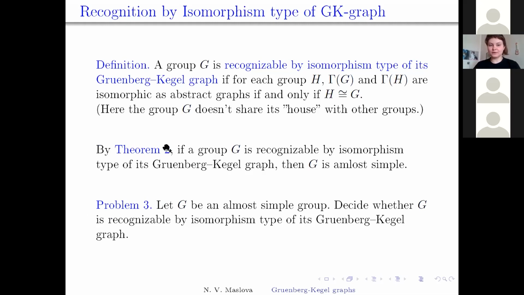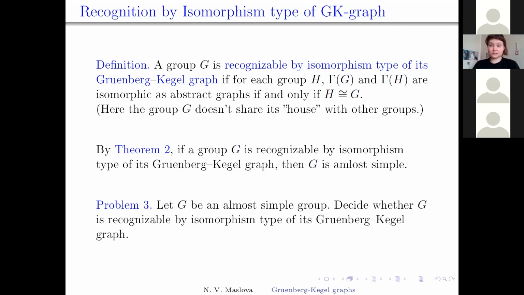And by theorem 2, if G is recognizable by the isomorphism type of its Gruenberg-Kegel graph, then it's forced to be almost simple.